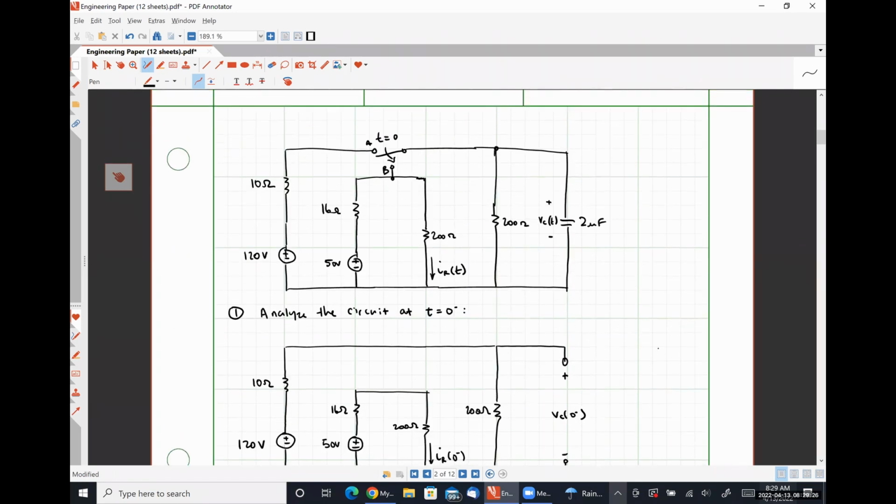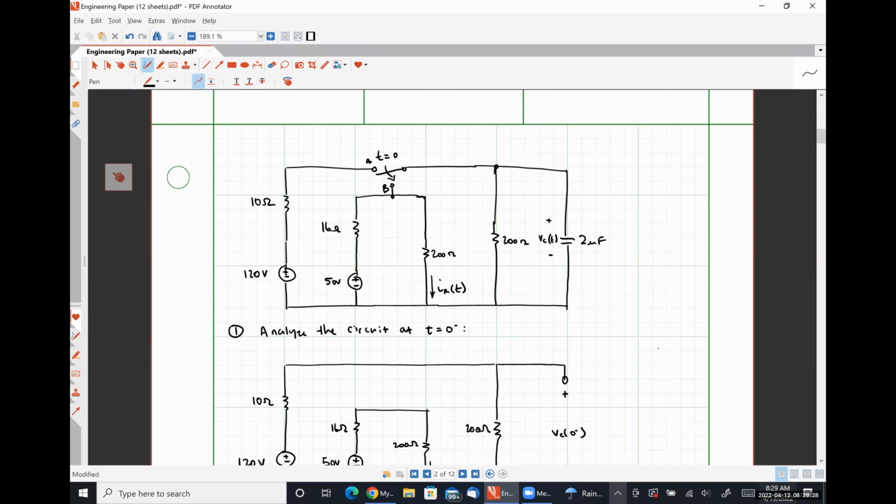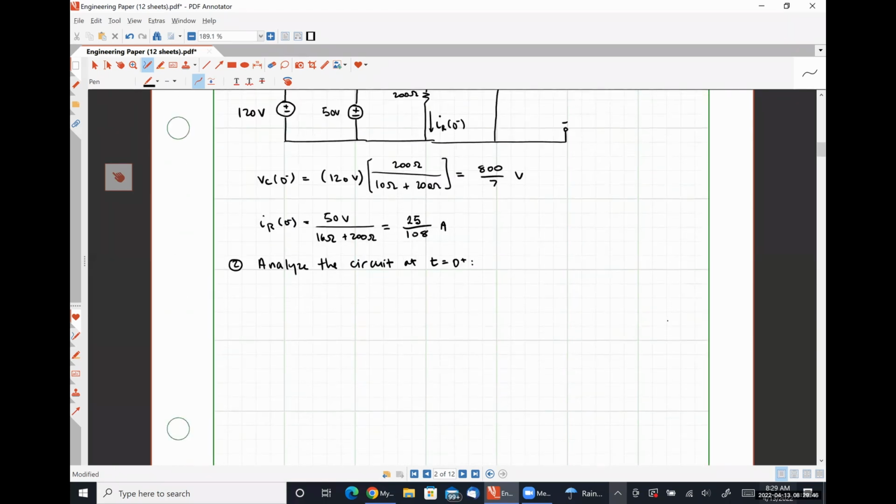And so if we look back at our original circuit, we can see that the switch is now closed at position B, and terminal A is open circuited. Okay. So I'm going to draw that like this.